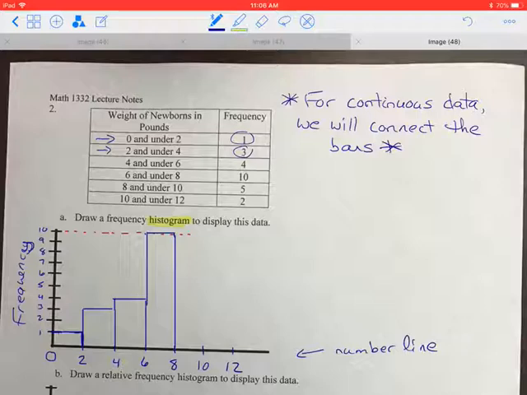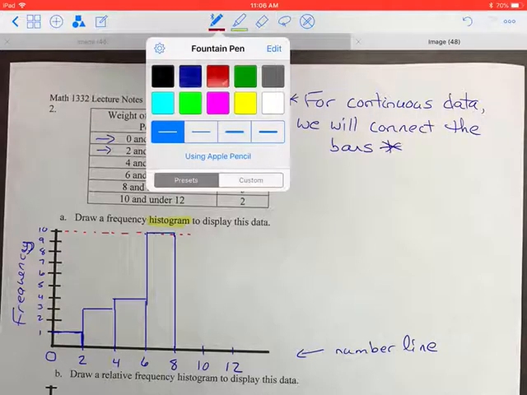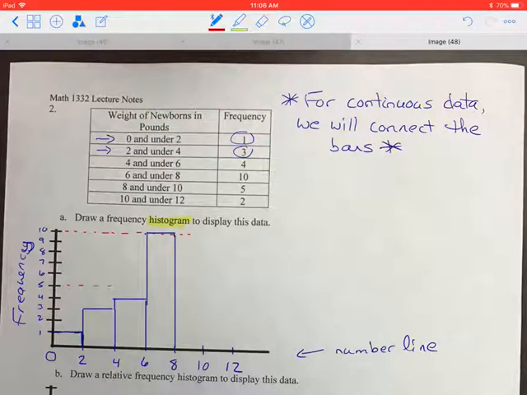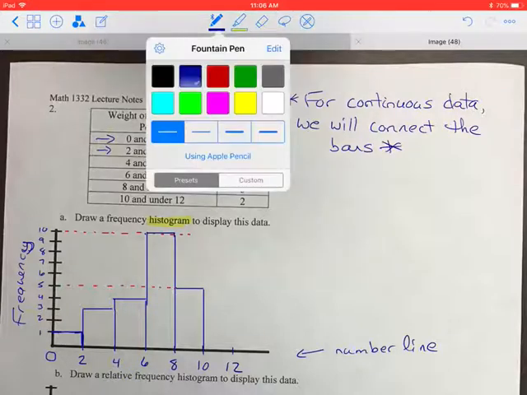All right, and then between 8 and 10, I have 5. So once again, you're reading across here to find the height of that. And I've already got one side drawn, so I just have to do the top and bring that down to the 10. And then 10 to under 12, I had 2.